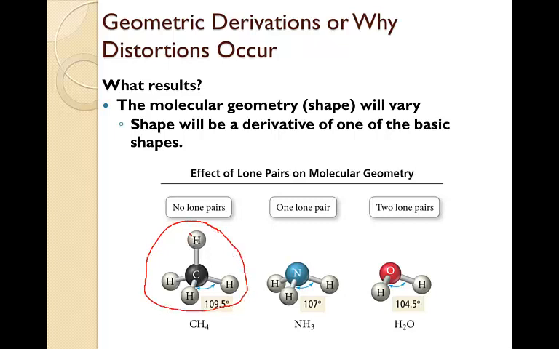If this H wasn't here and there was a lone pair here instead, that would cause a distortion, pushing the other ones down because the lone pair takes up more room. And then finally, if we have 2 sets of lone pairs, like in water, once again, those take up more room, so it's going to cause even greater distortion, shrinking that angle even more.